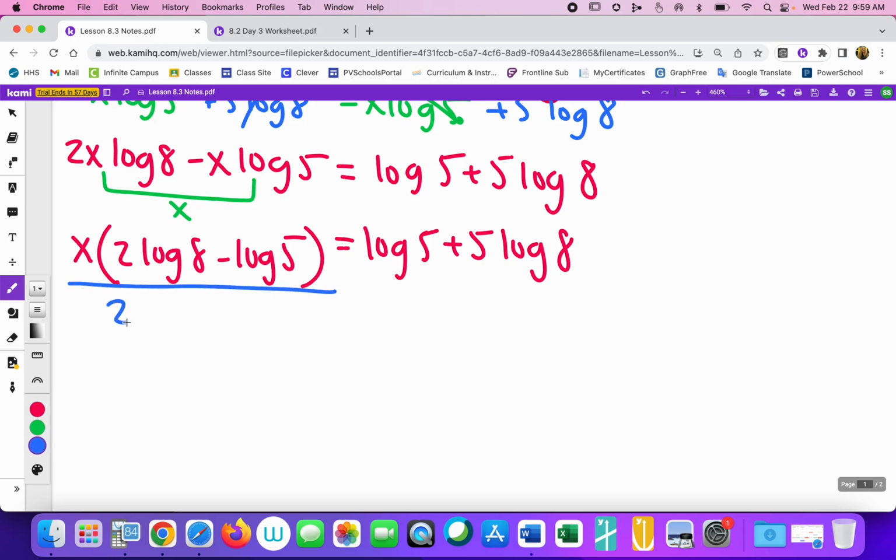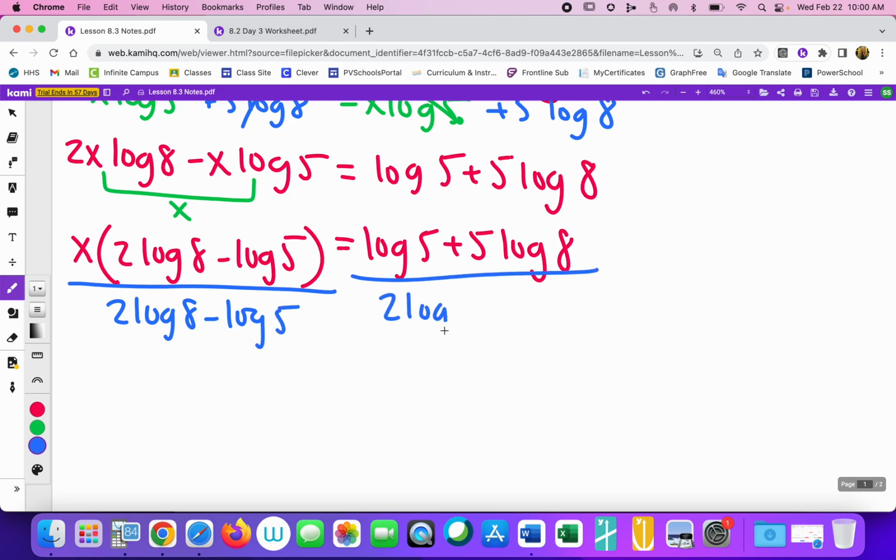We're going to divide by 2 log 8 minus log 5. Now, here's where the calculator is going to come in. Now there's a few things I need to mention to you before we do the calculator. Okay. So now x is by itself. Is anyone unclear about how x got by itself?